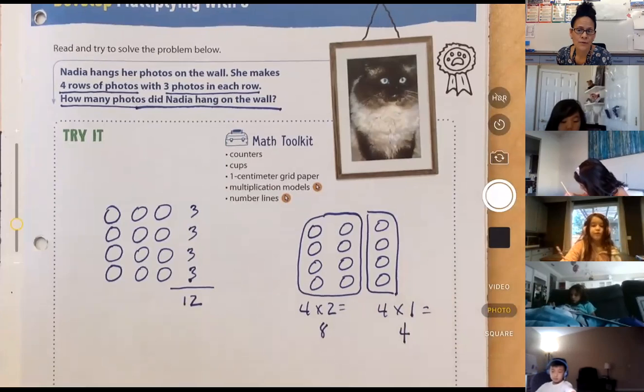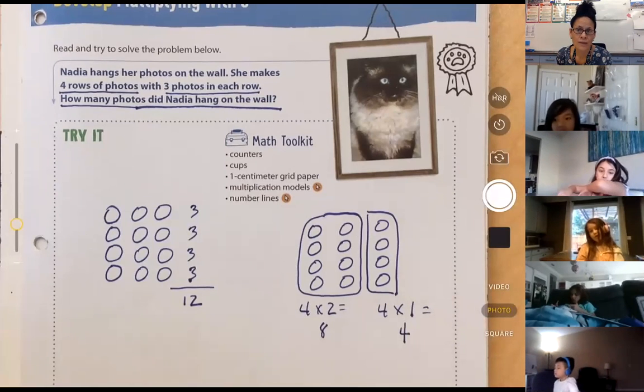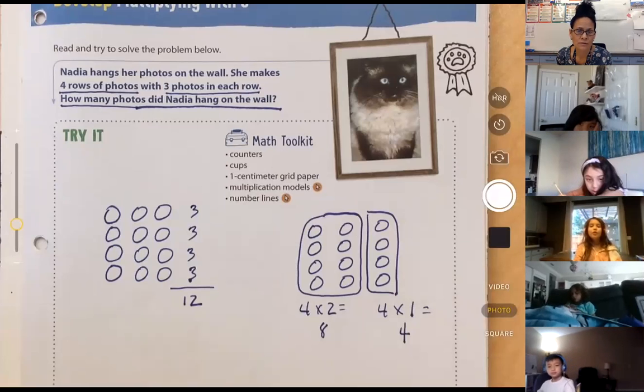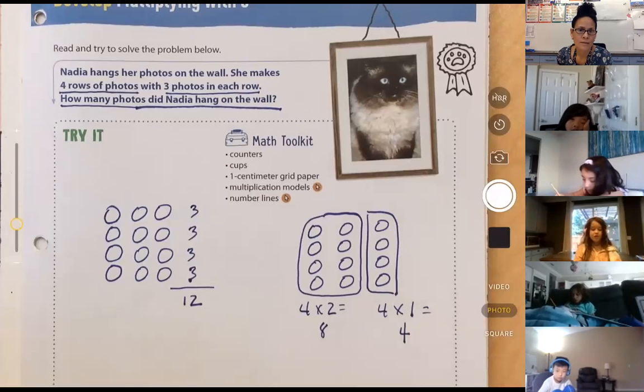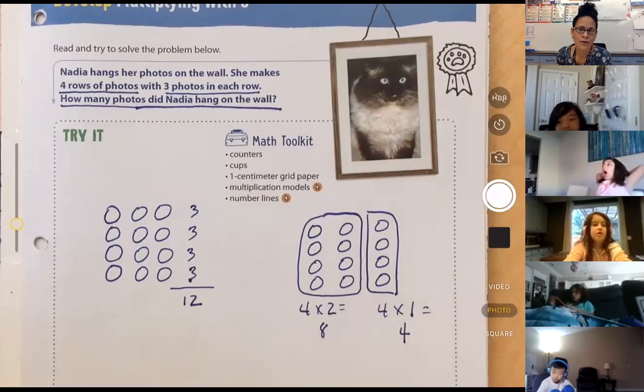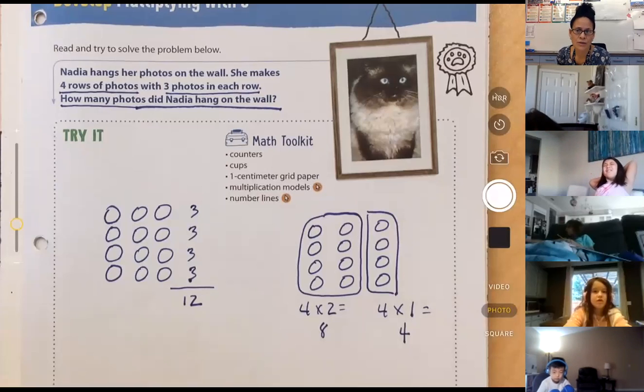And if you add those products together, of course, you're going to get 12, which will match what we did with the original 4x3 array. We are simply breaking apart those less familiar factors to help us do some more mental math with factors that are more familiar to us. Okay?